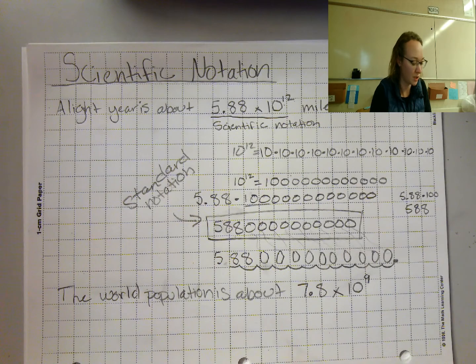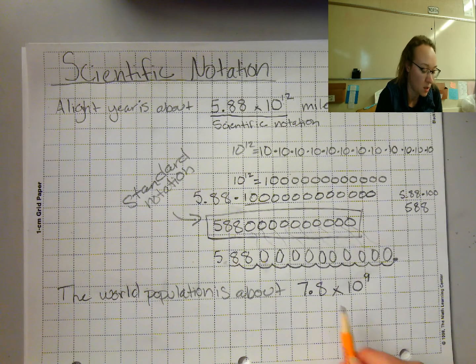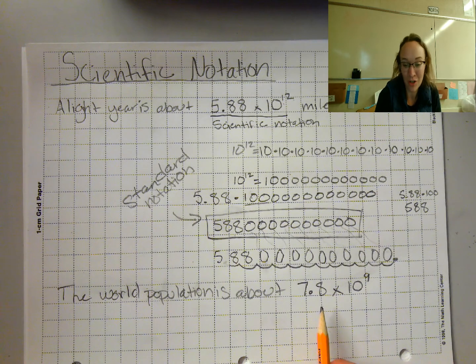Okay, let's try it again. The world population is currently estimated to be about 7.8 times 10 to the 9th. I should say that's in the year 2020. I want you to try and rewrite that number in standard notation, please. Give it a shot.